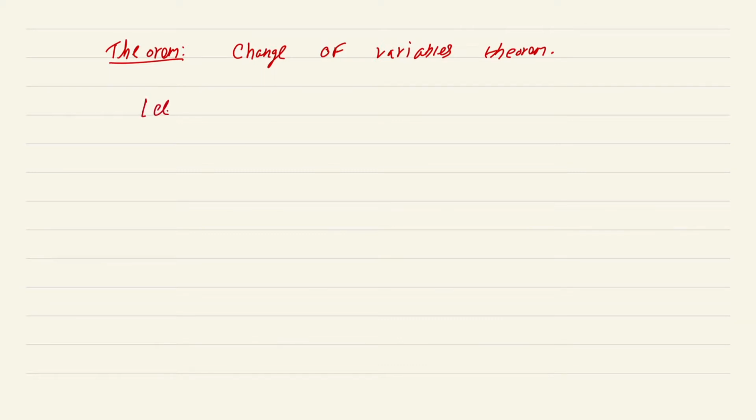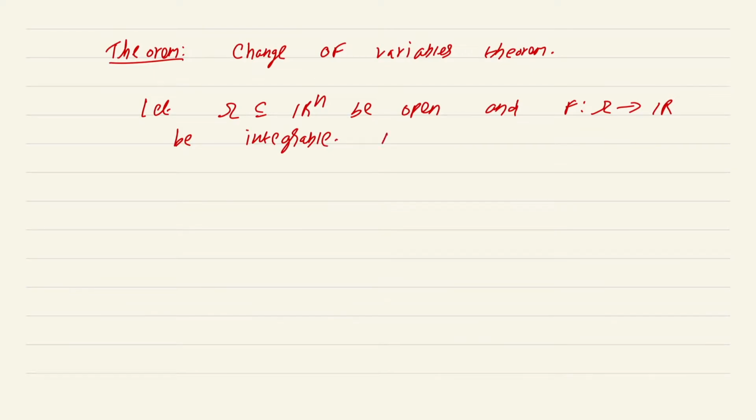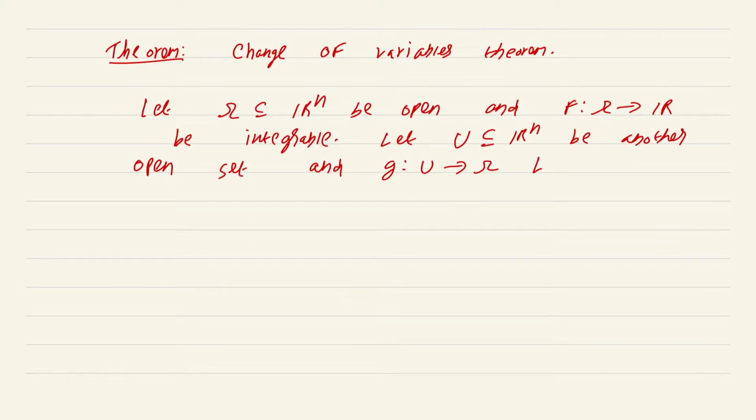Let omega subset of Rn be open and f from omega to R be integrable. Let U subset of Rn be another open set, and G from U to omega be a diffeomorphism.